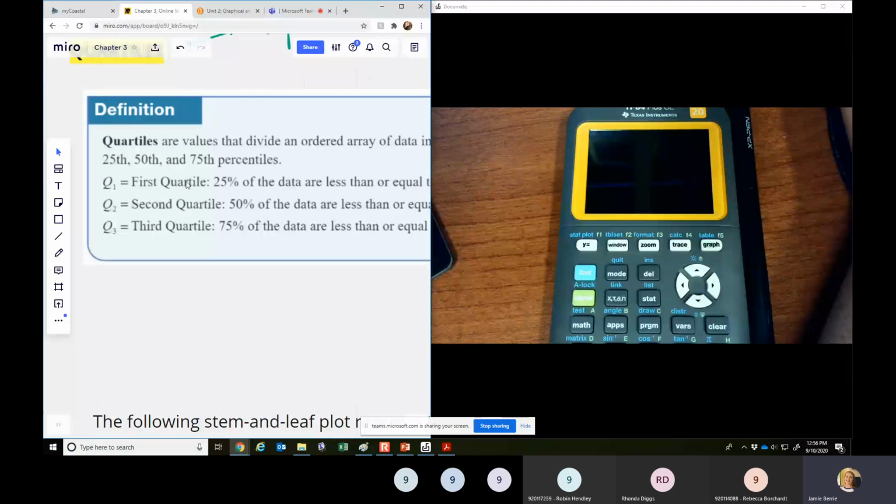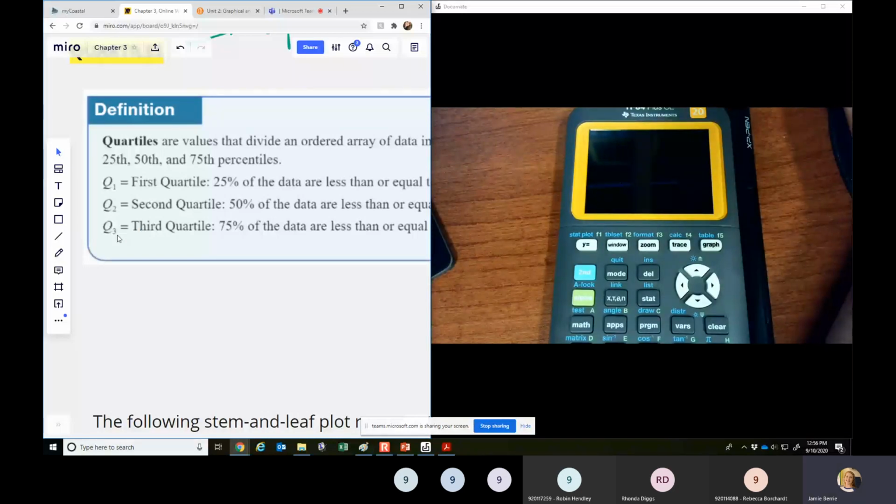Q1 is the first quartile, or the 25th percentile. Q2 is the second quartile, or the 50th percentile. All these things mean the same thing. So Q1 is the same as the first quartile, which is the same as the 25th percentile. Q2 is the same as the second quartile, which is the same as the 50th percentile.